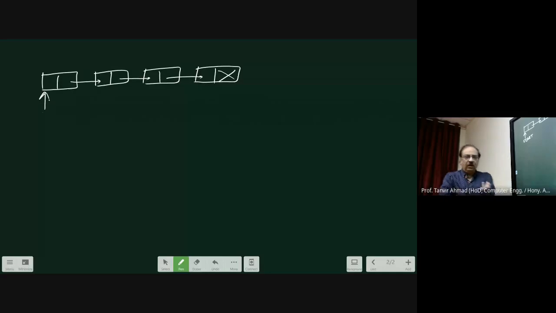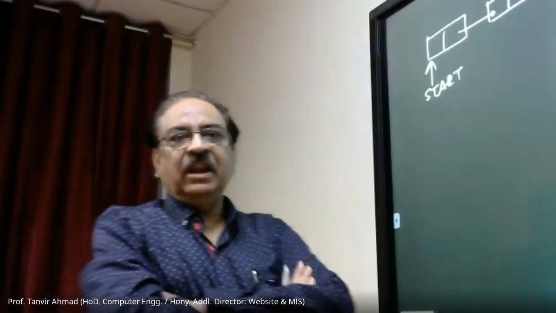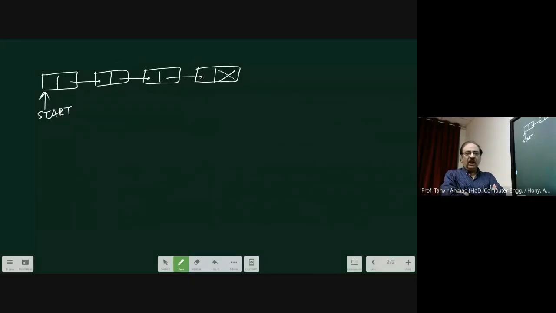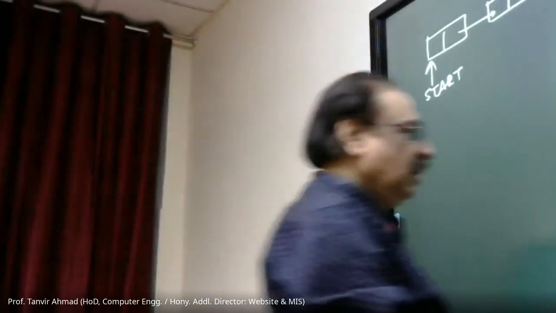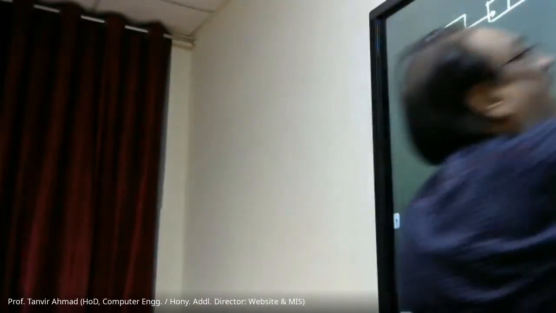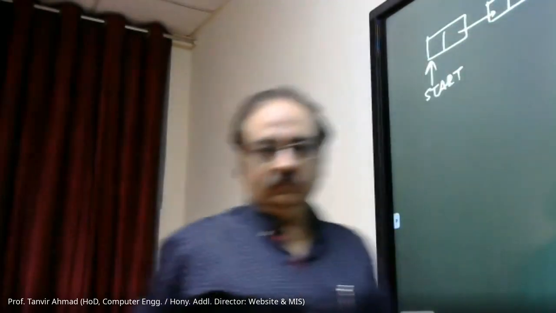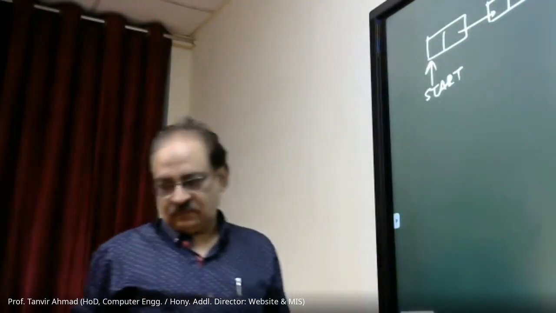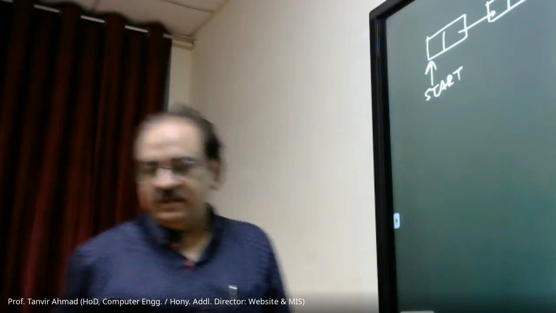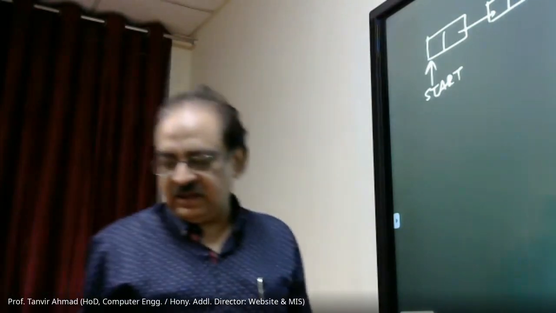Okay, now this is the linked list where I am having 4 nodes, and here I want to add a node at the last. That means I want to add a node at this place. Now for this, you are at the start.